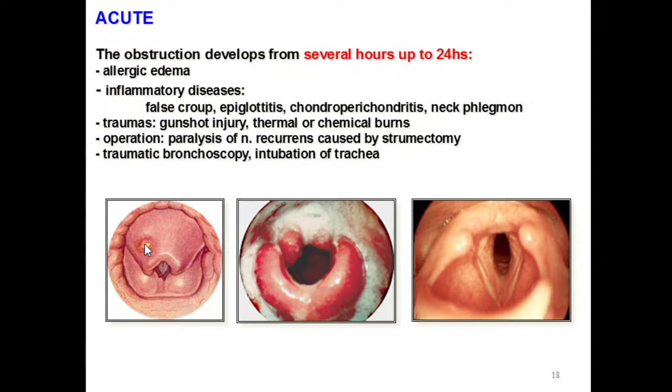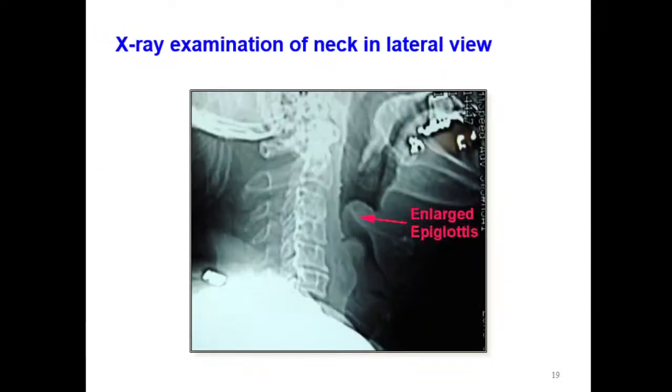It means that it is the phase of abscess of the epiglottis, and in some cases the vocal space may be very enlarged and closed, and it also leads to laryngeal stenosis. And here you can see how an enlarged epiglottis looks on X-ray examination of the neck in lateral view. Here is the epiglottis.